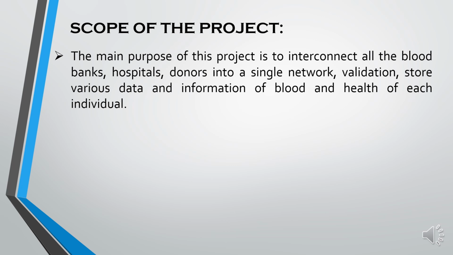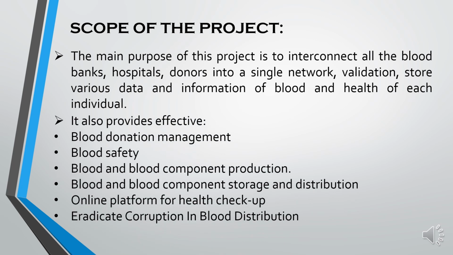This system is used to store data over a centralized server which connects the database where the individual information cannot be accessed by a third party. It provides effective blood donation management, blood safety, blood and blood component production, storage and distribution, an online platform for health checkup, and eradicates corruption in the blood distribution.